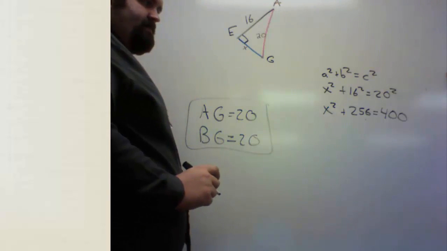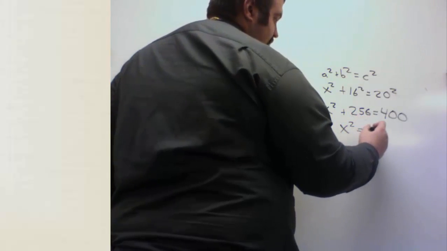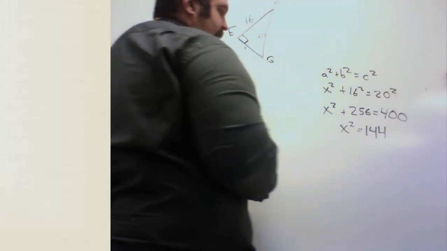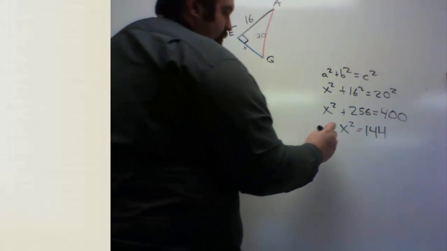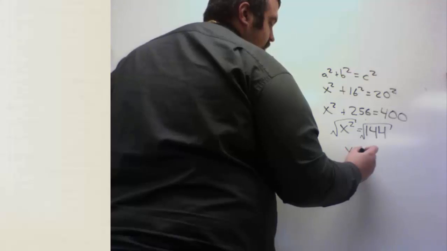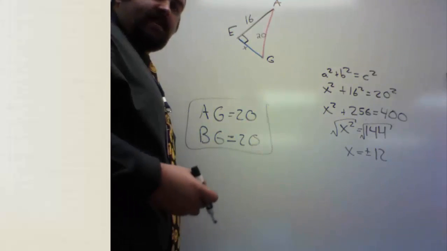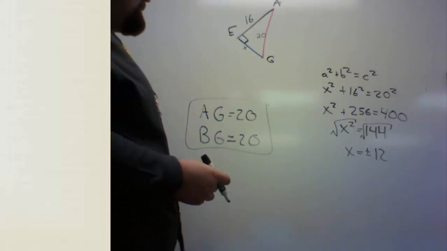Solving for x squared, I subtract 256 from both sides, and if done correctly, I get 144. At this point, you take the square root of both sides, and I get x to be technically plus or minus 12, because whenever you take the square root of both sides, you should consider plus or minus.